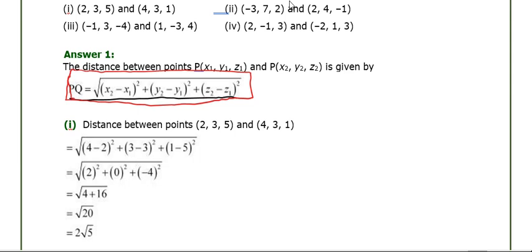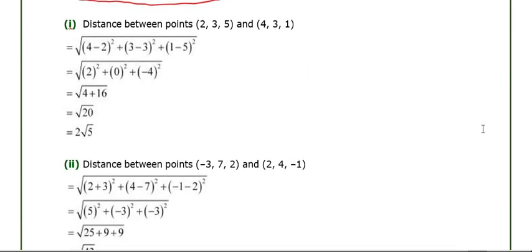Alright, so in the first question, 4 points are given, means 4 questions are there, and I want to find the distance between these 2 points. Let us calculate the first one: 2, 3, 5, and the second coordinate is 4, 3, 1.